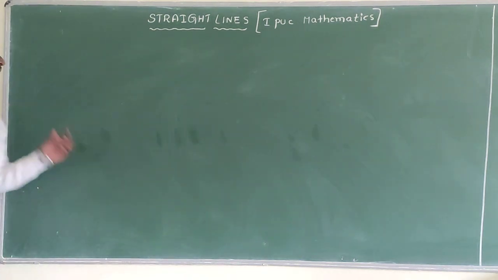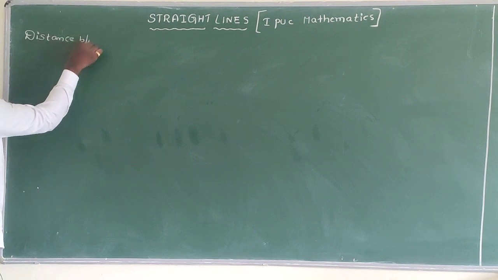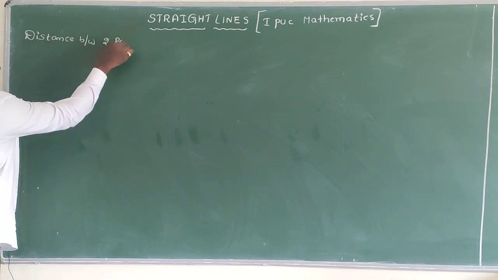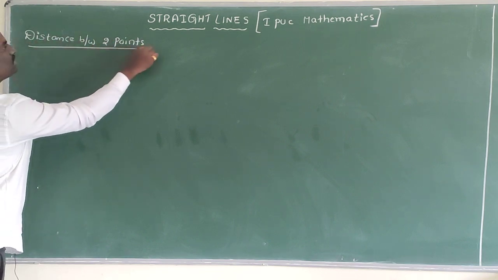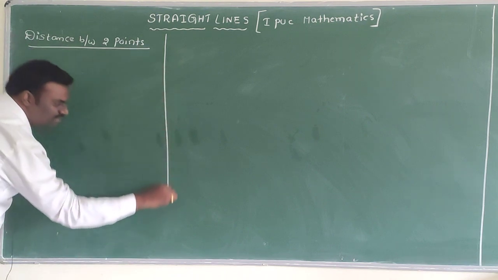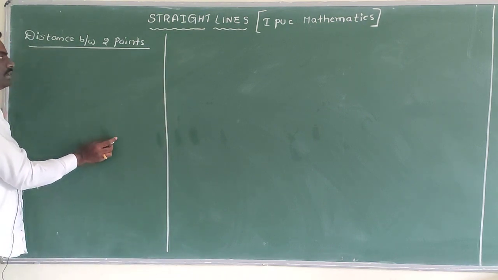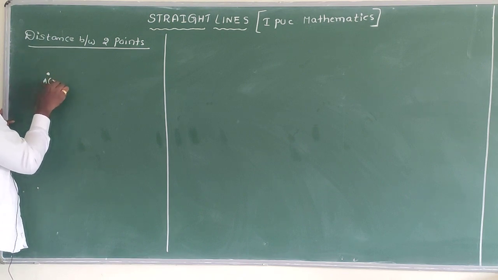In this, the first formula is distance between two points. How to find the distance between two points? Here one point is there, capital A, x1 comma y1.